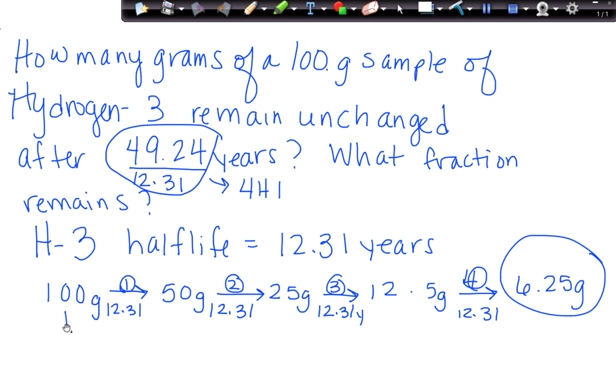If we wanted to do this with fractions, before we start, we have 1. After the first half-life, we have 1/2 remaining. After the second, 1/4. After the third, 1/8. And after the fourth half-life, we have 1/16.